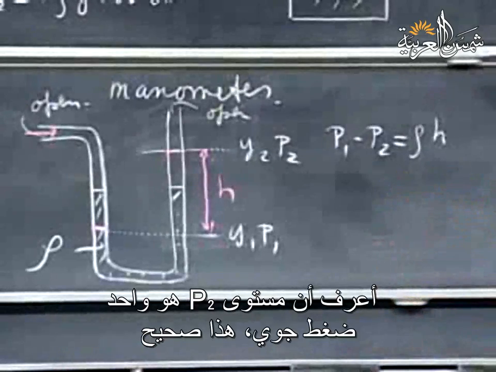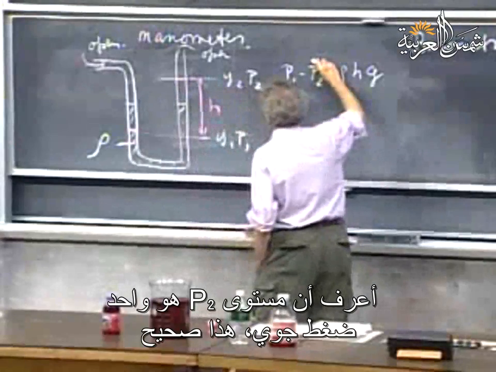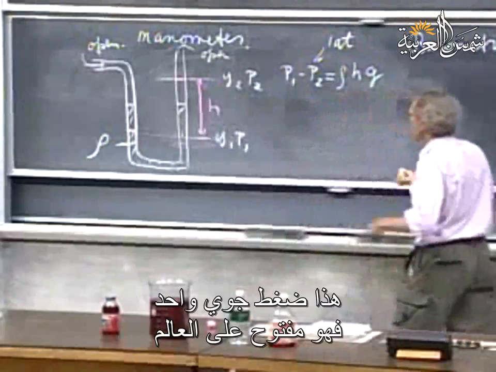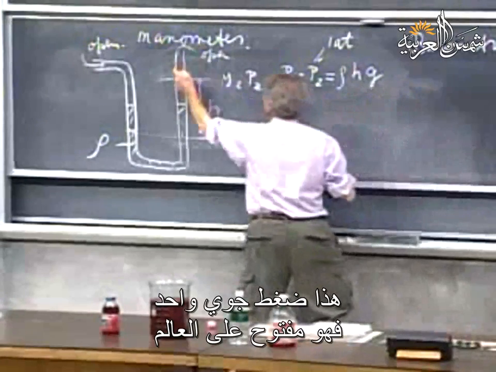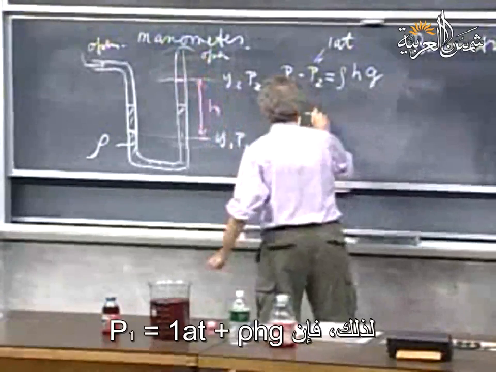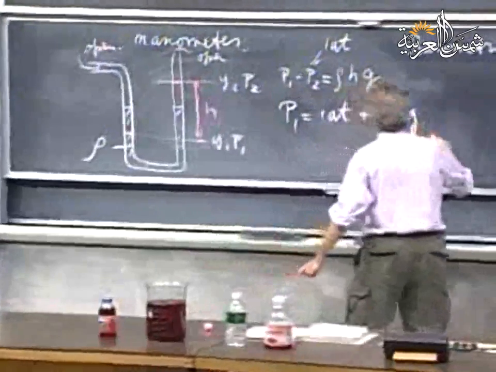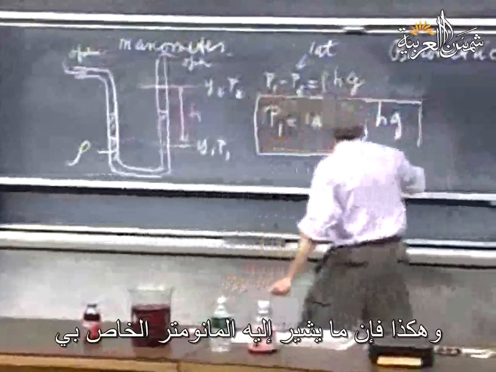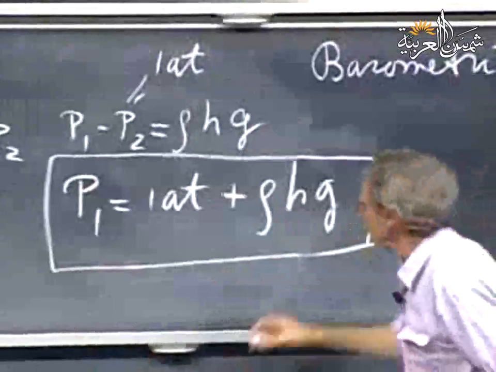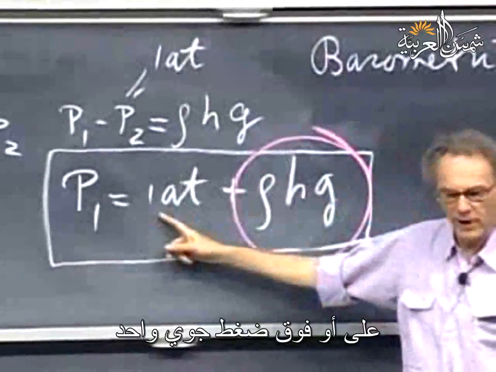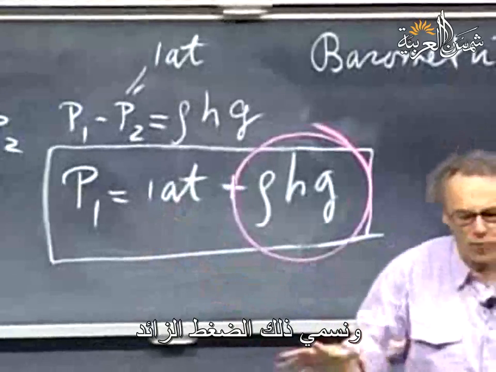I know that the P2 level is 1 atmosphere. That's correct. This is 1 atmosphere. That's open to the world. So P1 equals 1 atmosphere plus rho g H. And so what my manometer indicates is how much pressure I can generate over and above the 1 atmosphere. And we call that overpressure.